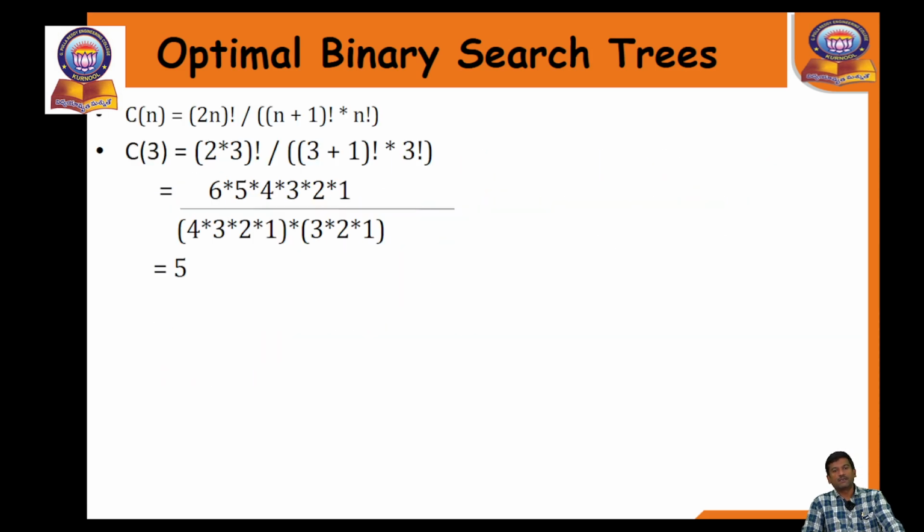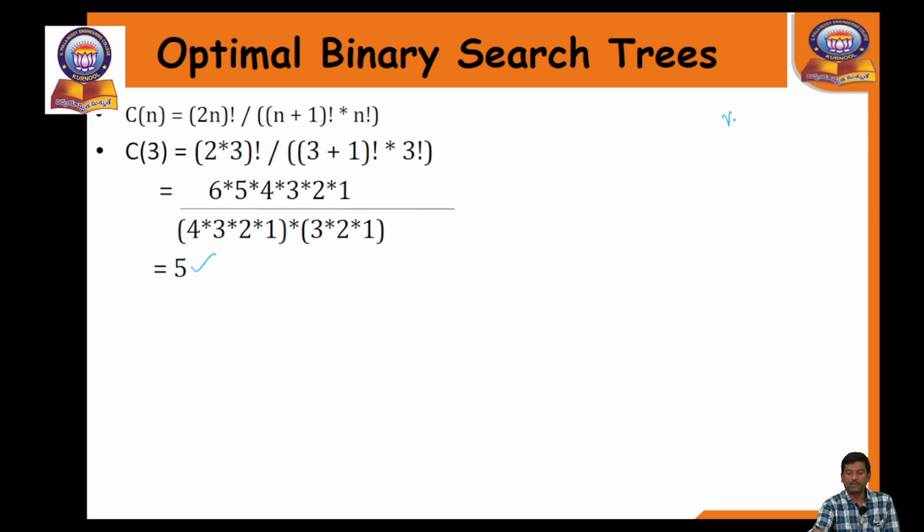So consider n equal to 3. What does this indicate? There are 3 elements or 3 nodes present. When you consider n with the value equal to 3, there are 3 nodes. Then based upon the Catalan number formula, you get 5. What does this indicate?